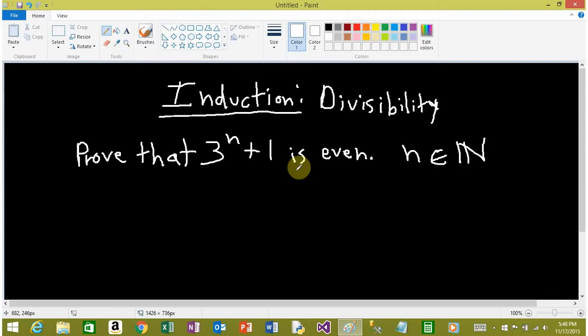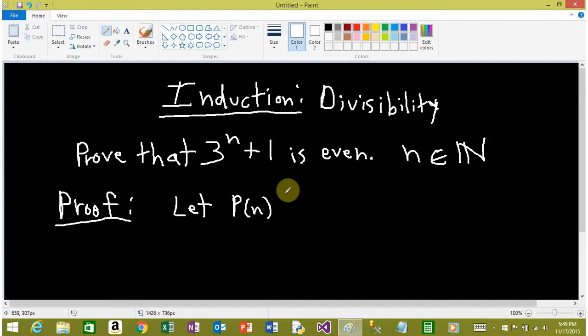Okay, so the way we're going to do this proof is we're going to let our statement, let P of n be 3 to the n plus 1 is even.